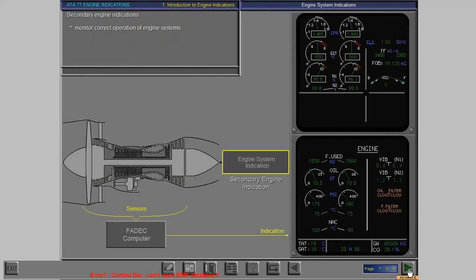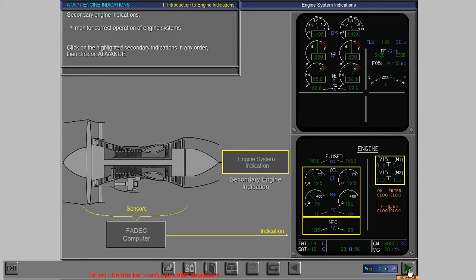We use the secondary engine indications to monitor the correct operation of engine systems. These are also called engine system indications. You can now find out what these indications show by carrying out this task.